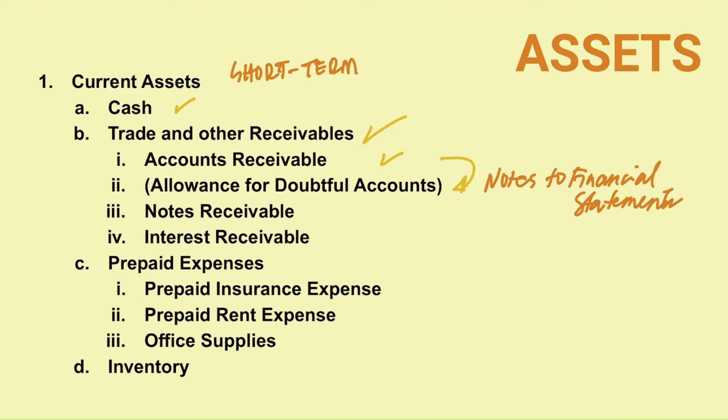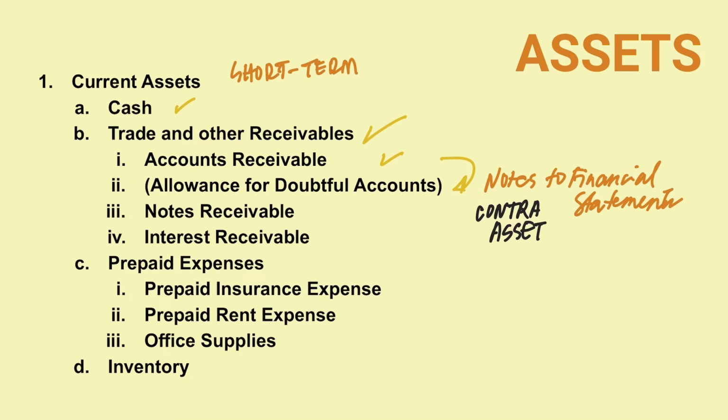So it's a contra asset account. And what do we mean by a contra asset account? A contra asset account means that it's subtracted from an asset account. So specifically, allowance for doubtful accounts is subtracted from accounts receivable.